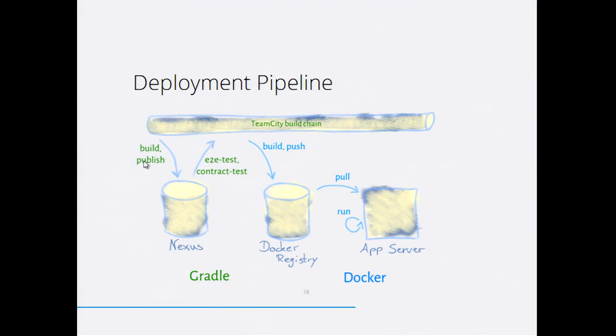We start by using Gradle, call build and publish. This one generates our version, and this version is passed through the whole build chain. Our artifact is deployed in Nexus, and we use it in the next 2 steps to deploy our web app.